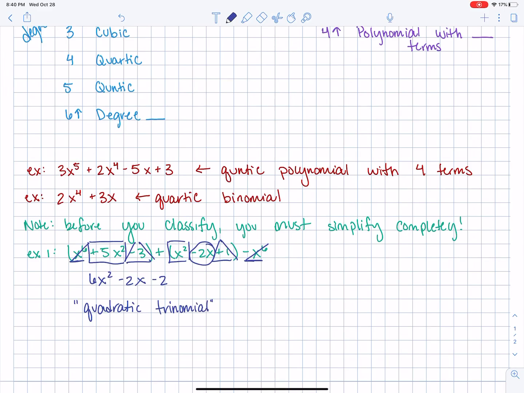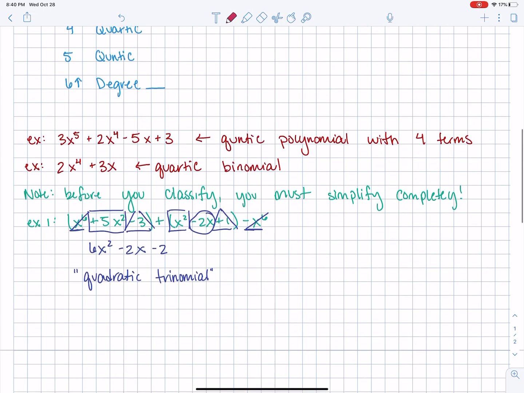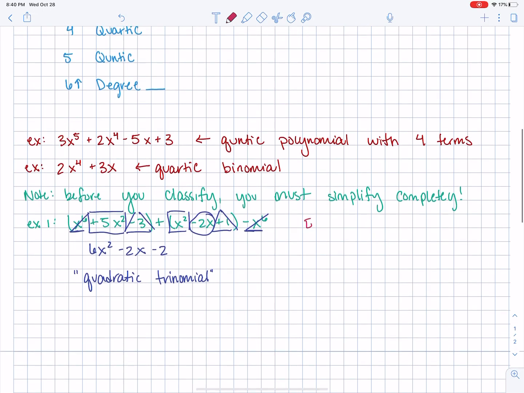Okay, let's try another one here. We're gonna go pink on this one. Okay, so for example 2, I'll write it over here. Save some room. Be careful on your negatives. So we're gonna have x cubed minus x squared plus 8x minus 5x cubed minus 4x squared plus x minus 1.